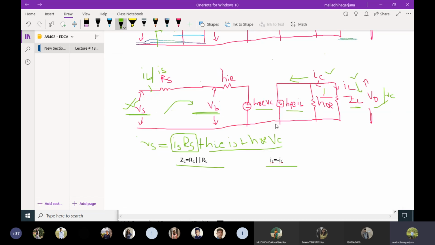So from the circuit, I can redraw the circuit like this.